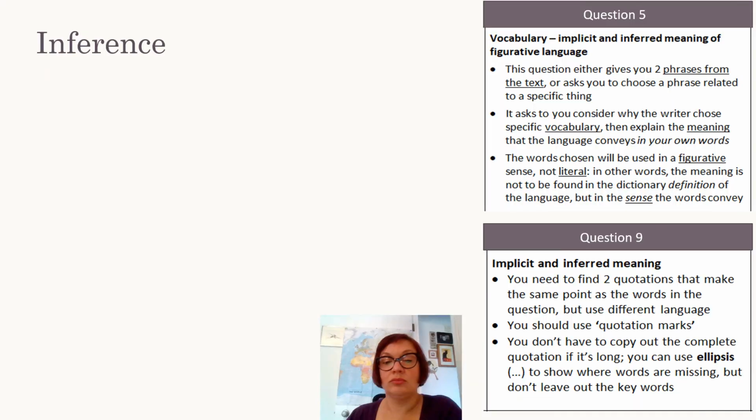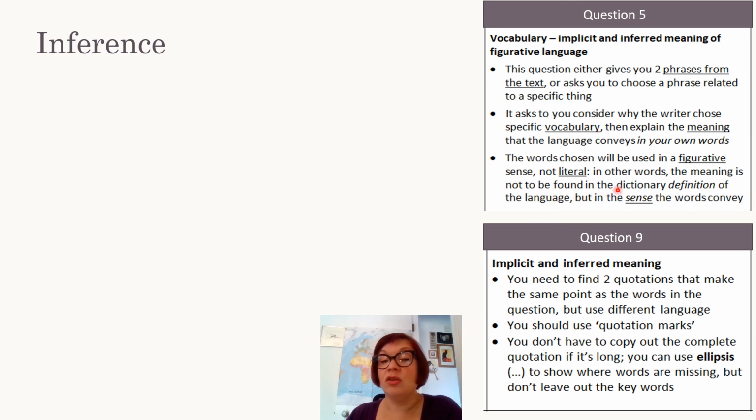Okay, so here is an explanation of what the examiner is looking for in question 5 and in question 6. Okay, so it says there that question 5 gives you 2 phrases from the text, and asks you to choose a phrase related to a specific thing. You have to think about the vocabulary of the writer, then explain the meaning of the language in your own words.